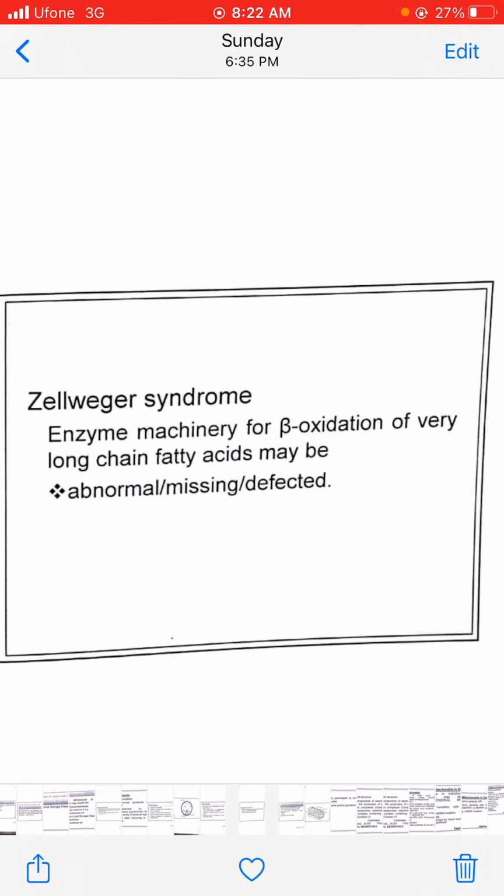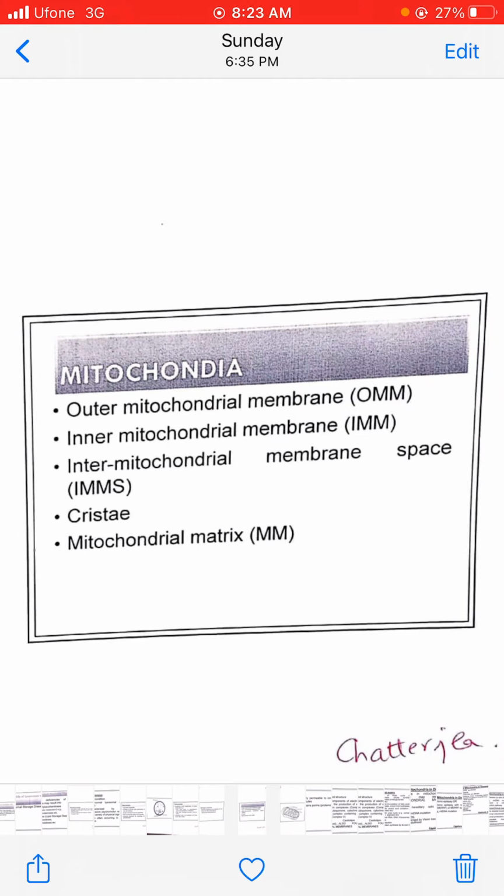If these long chain fatty acids are not metabolized and oxidized, they could lead to different types of disease. One of the diseases is Zellweger syndrome, in which different beta oxidation enzymes are missing, which leads to the abnormal or defective beta oxidation of the very long chain fatty acids, which leads to Zellweger syndrome.